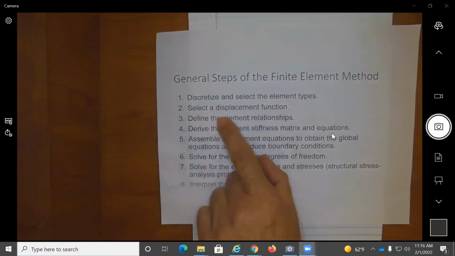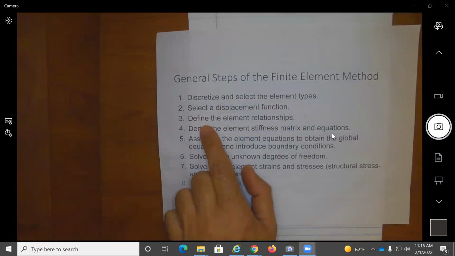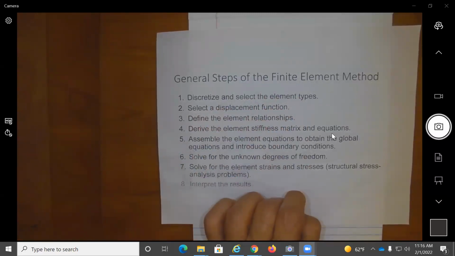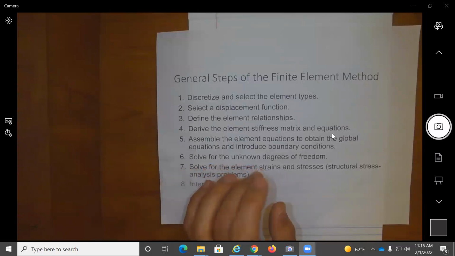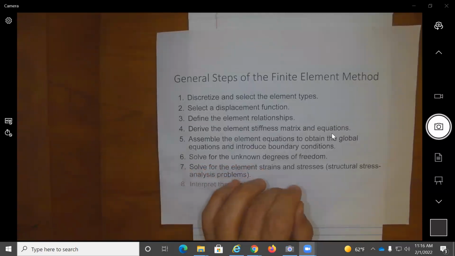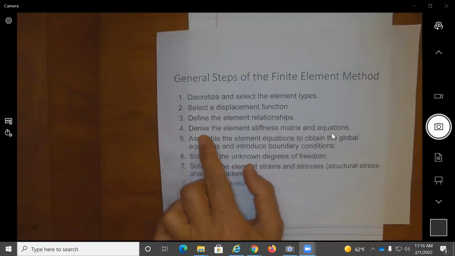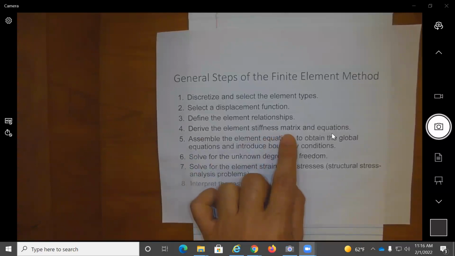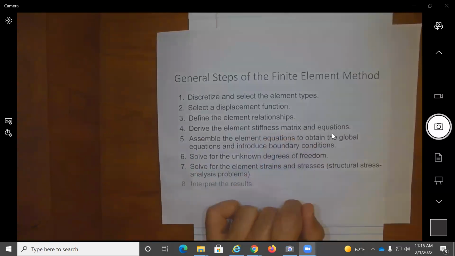We did not do step 2, but we were able to define some element relations, like how the displacement affects the internal forces, and we related these together for a spring element. We derived the element stiffness matrix and equations for a spring element using the direct method.